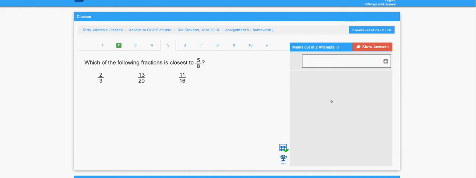So which of these following fractions is closest to 5/8? I have no idea because none of them are 8s. So what I would do is I would turn them into decimals, including the 5/8. Now you can see down here that you can use a calculator. So I would divide 8 into 5, that would tell me what that is as a decimal. 3 into 2, 20 into 13, 16 into 11.